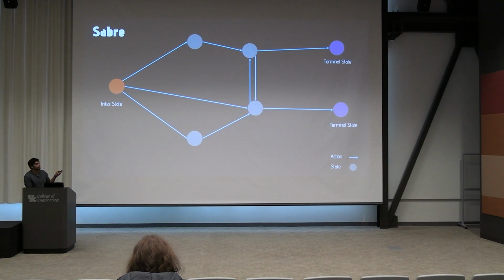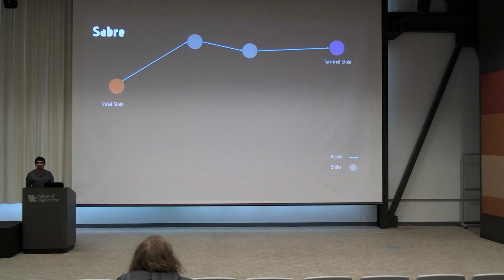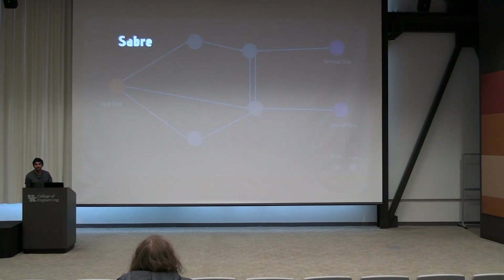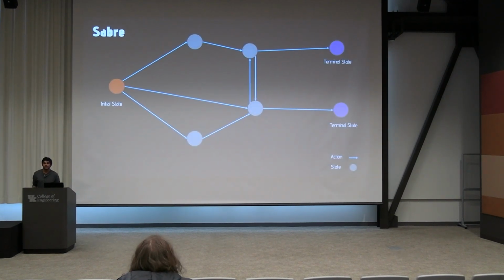I'm not showing all the branches. This is a very big branched tree. Okay, so the application, Sabre, can generate this action space, right? Yeah. Okay, thank you very much.